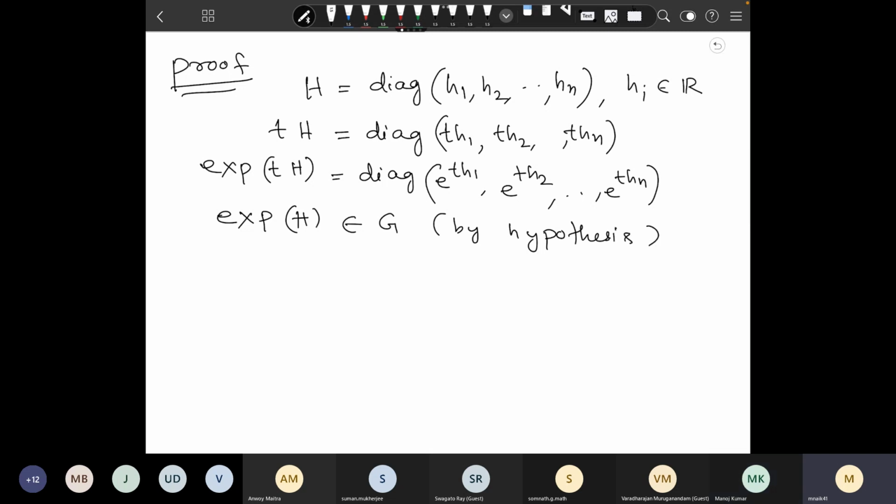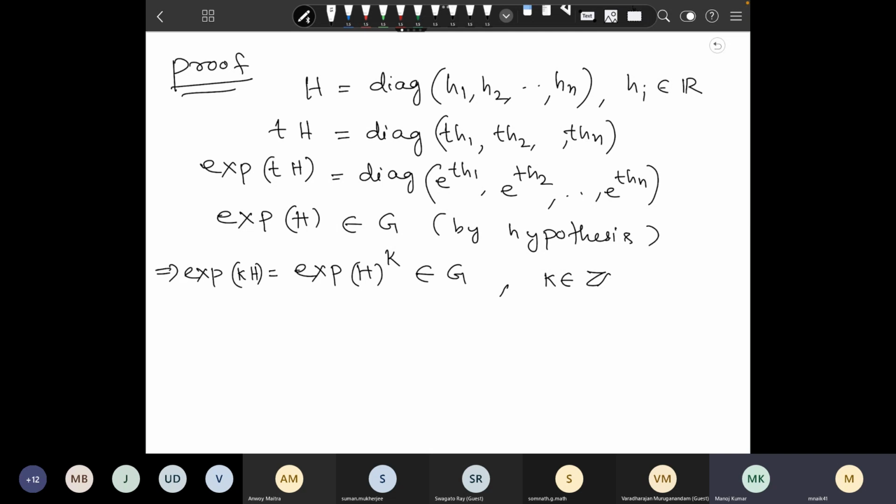Since G is a group, this will imply that exponential of H to the power k belongs to G. First you take positive powers, then you take the inverse, then you will get that exponential of H to the power k belongs to G for all k belongs to Z. This is the same thing as exponential of kH.